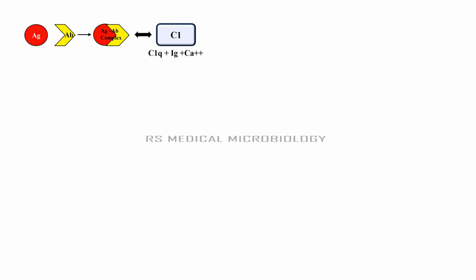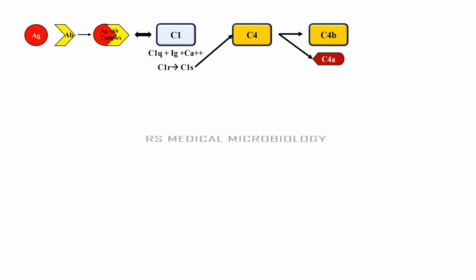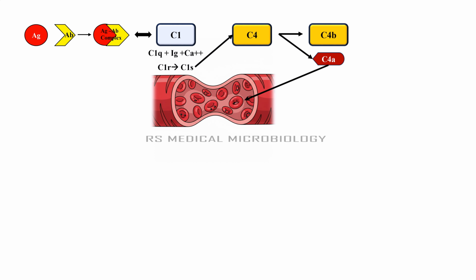So the C1q part will combine with the immunoglobulins in the presence of calcium and will activate C1r and C1s. The C1s will now go and activate the C4. C4 can split up into C4b and C4a. C4a is an anaphylatoxin, so it will go into the bloodstream. The C4b will join with the C1, leading to C14b.